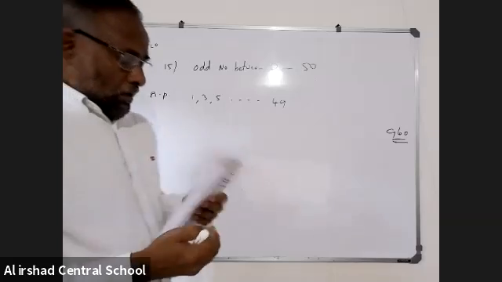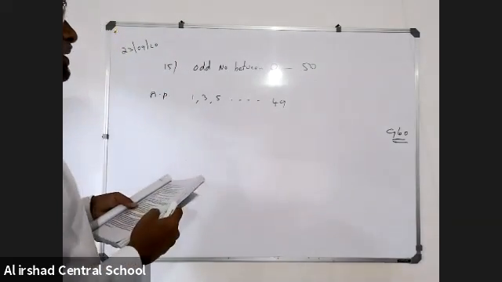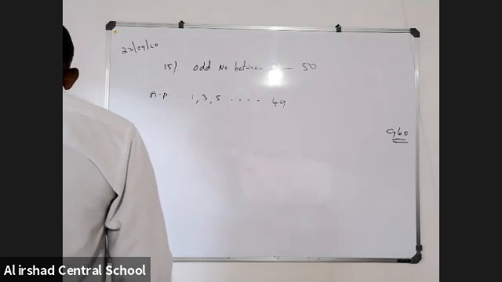Now we have the question: find the sum of all odd numbers between 0 and 50.